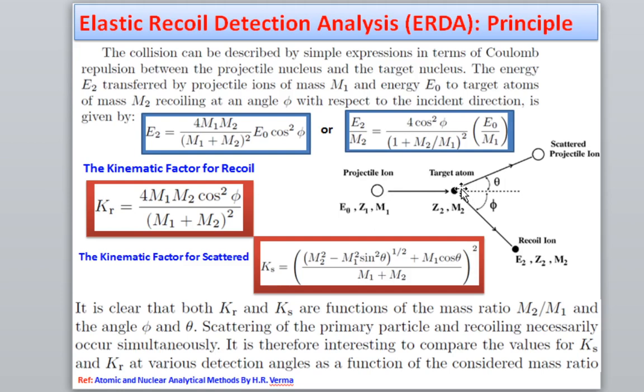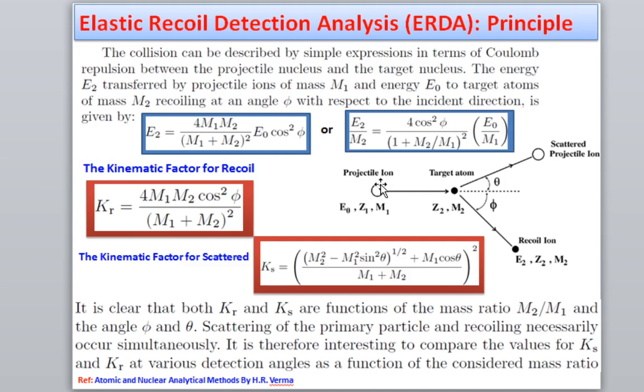That is the basic requirement for recoil. For RBS, M1 should be less than M2, and for ERDA, M1 should be greater than M2. Keep this in mind.